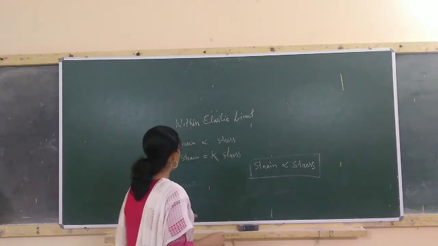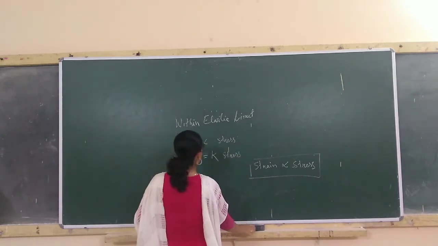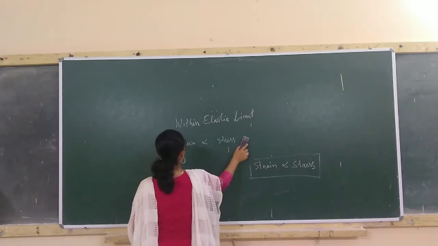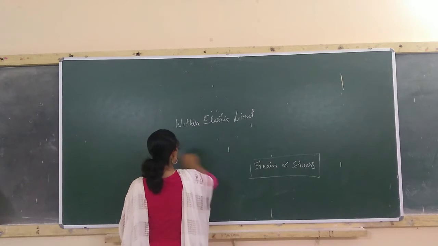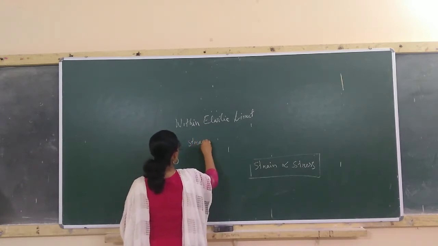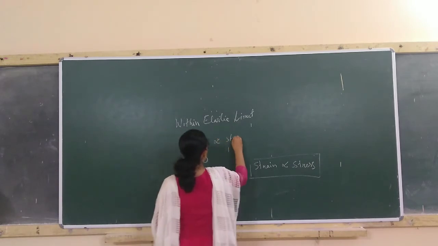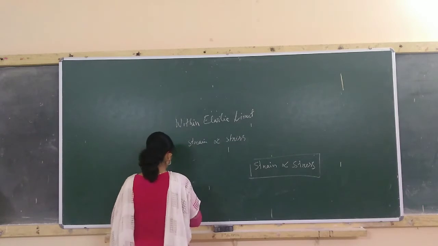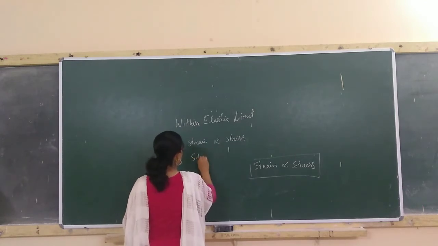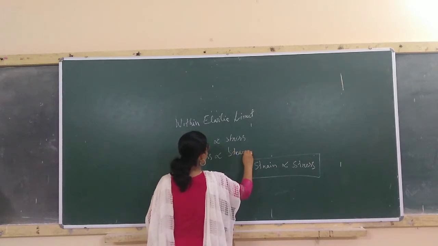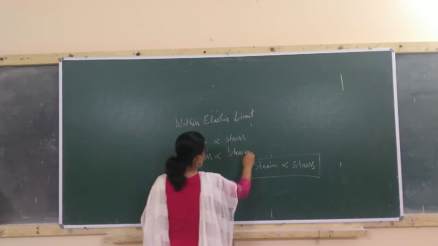Stress. Okay. So let me do it in another way. Strain is proportional to stress. That's okay. I will write it in opposite. I just want to make it a little bit easier. So stress, same thing. I have just reversed the side.